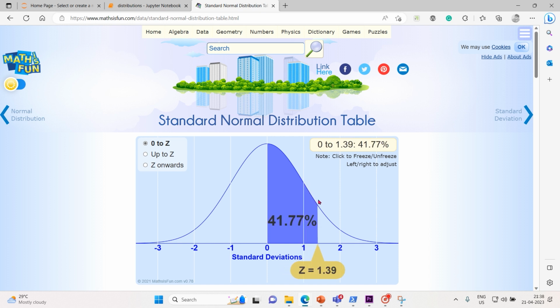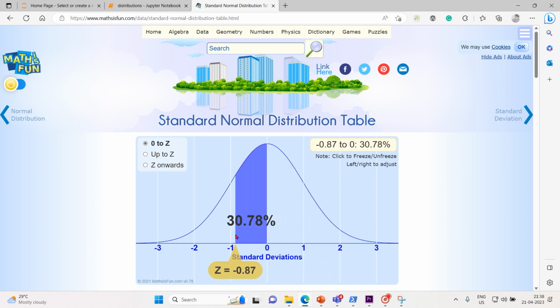Then if I increase my Z score to 0.05, it's 47.98%. And if it is 2.93, 49.83%. And at 3.4, 3.59, it's 49.98%.